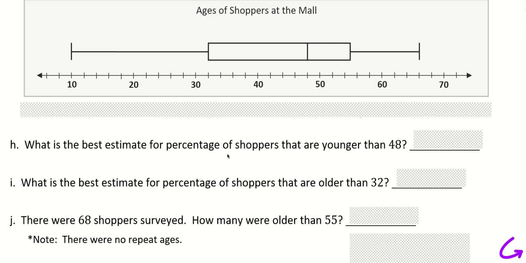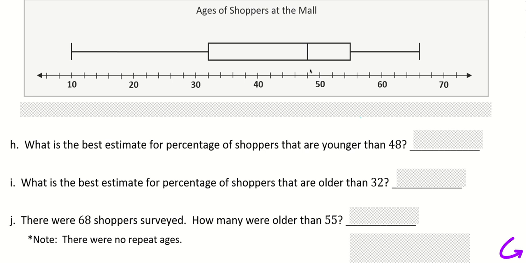And then these questions. Best estimate for the percentage of shoppers younger than 48. Okay, the bottom line here is 48. That's a special number because that's the median. So we don't need to have the list of numbers.